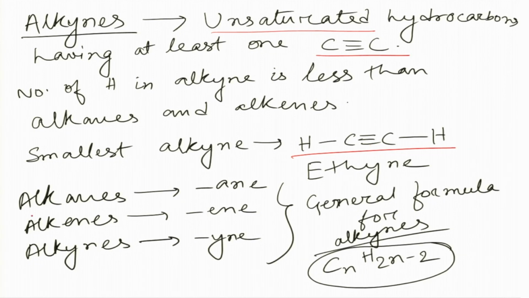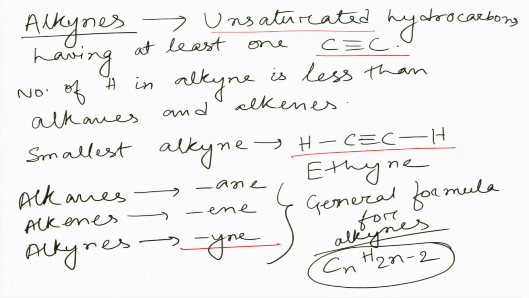We saw that while naming alkanes we put ANE at the end, for alkenes we put ENE, and for alkynes we will put YNE at the end.